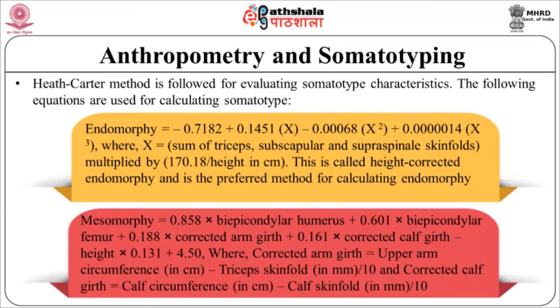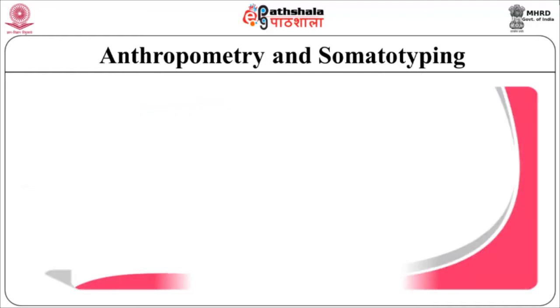Mesomorphy involves biepicondylar humerus, biepicondylar femur, corrected arm girth, corrected calf girth, and height. Where corrected arm girth is upper arm circumference minus triceps skin fold, and corrected calf girth is calf circumference minus calf skin fold thickness.